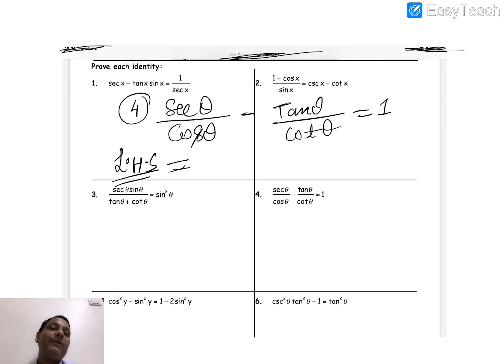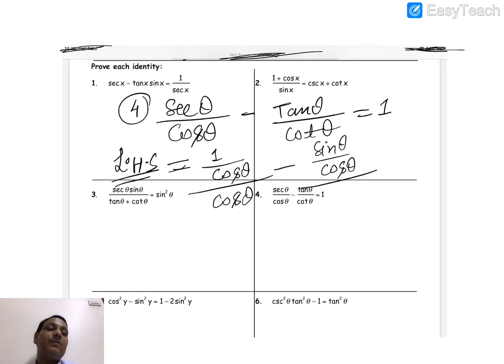So you know very well, sec I can write as 1 over cos theta, over cos theta, then minus tan, we can write as sin theta over cos theta, over cot theta, which we can write as cos theta over sin theta.